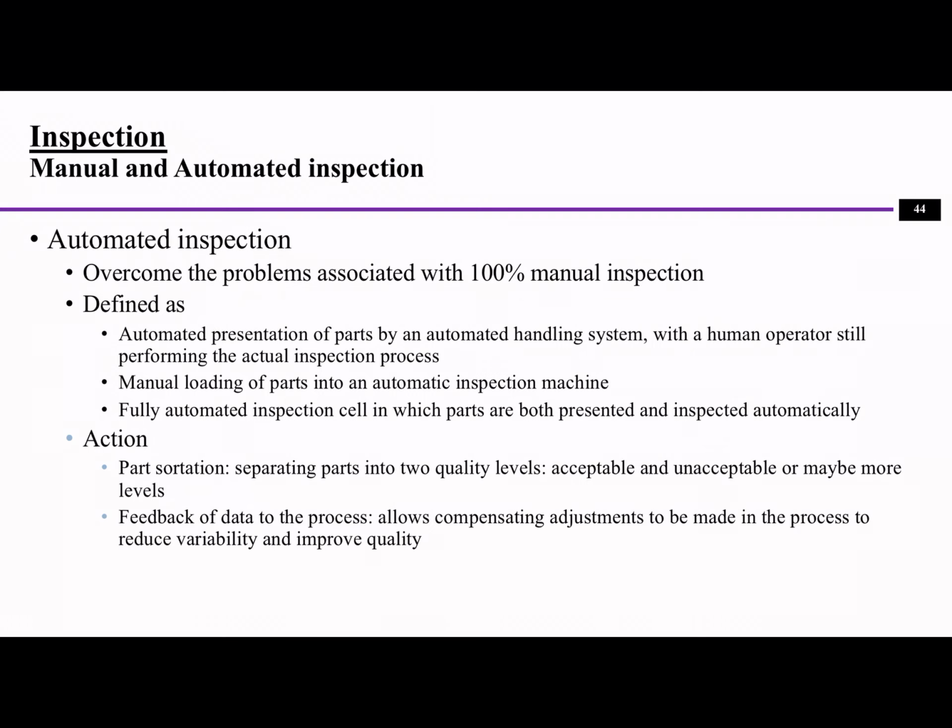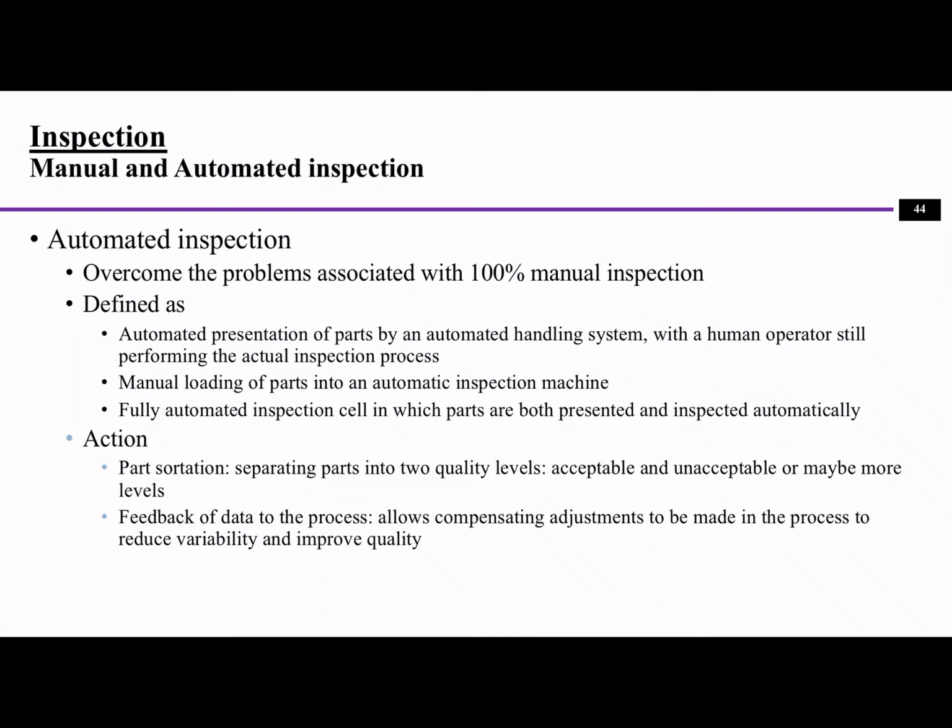And another type is automated inspection. When we're talking about automated inspection, a lot of times we say it's 100% automation, but sometimes it's manually assisted auto inspection.